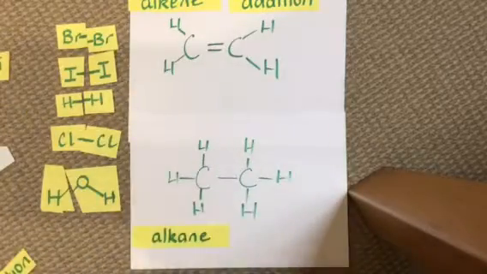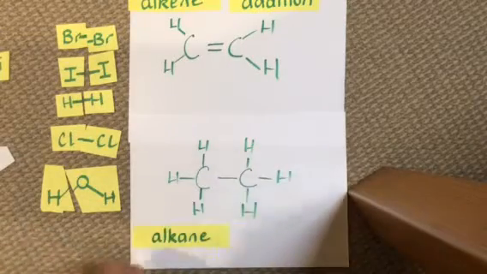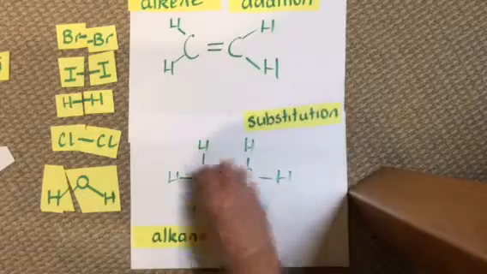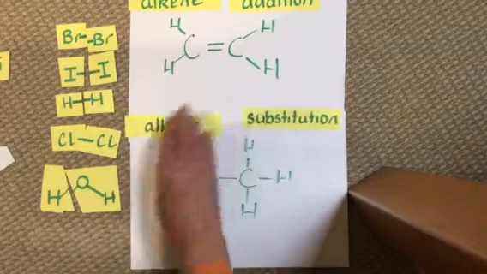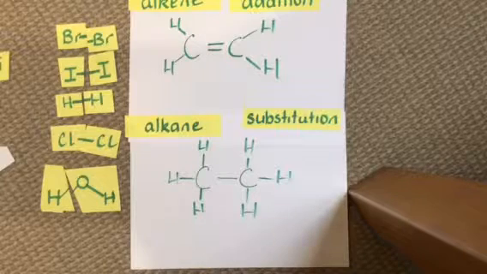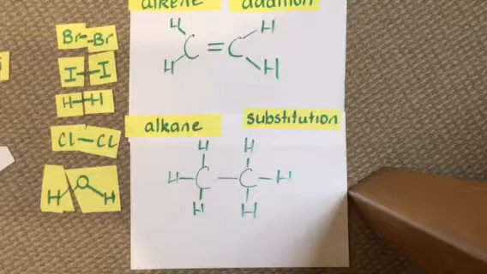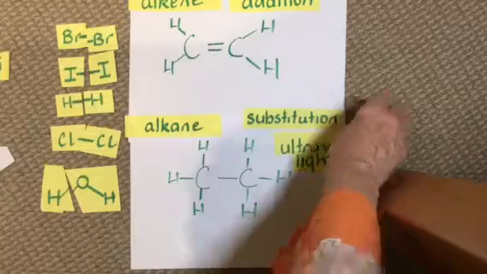So let's consider that now. So our alkane reacts by substitution. So let's put them up here. So we have to take a hydrogen off the molecule and put something else in it. So for example, if we added bromine water to that alkane, we would need to have ultraviolet light for that to work.